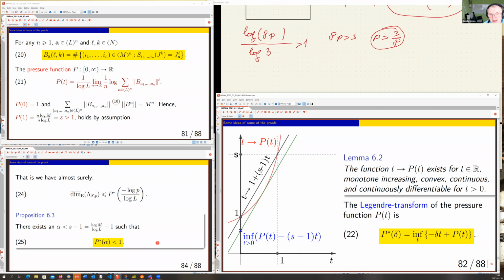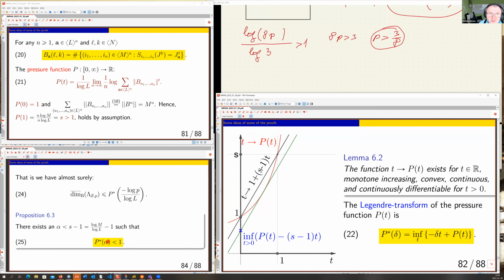But if you take an alpha which is close to S minus 1, just a little bit less, then this green line, which has slope S minus 1, will instead have a slope less than S minus 1, not much less. And then still the Legendre transform will be less than 1.